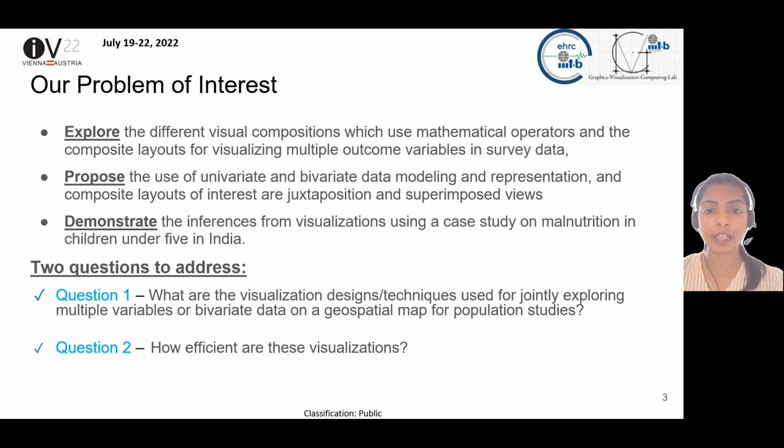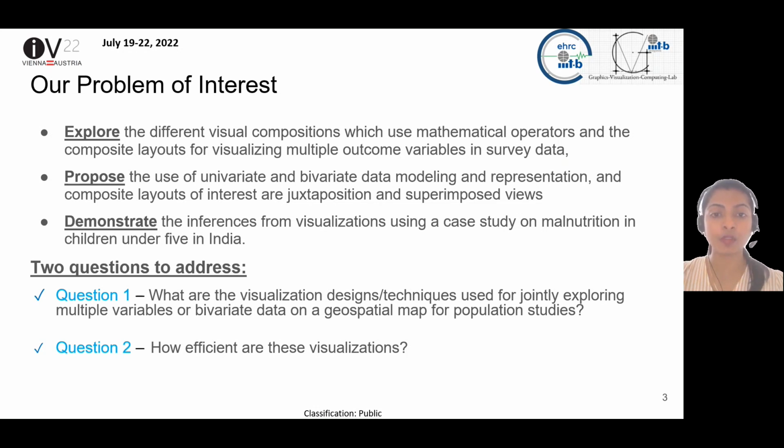While a single variable is visualized on a map, some applications require two or more variables to visualize spatial associations in population surveys simultaneously. In our work, we explore different visual compositions which use mathematical operators and composite layouts for visualizing multiple outcome variables in survey data.